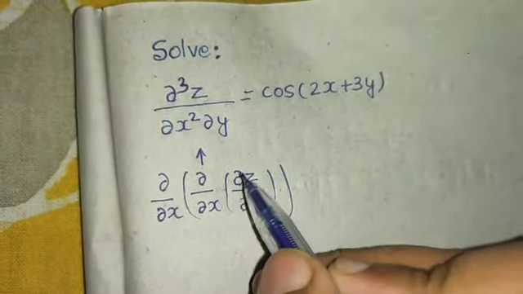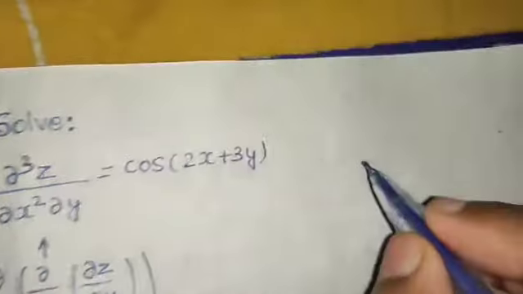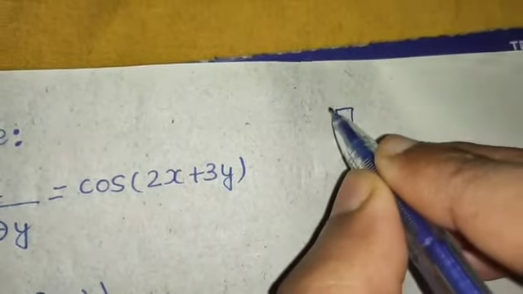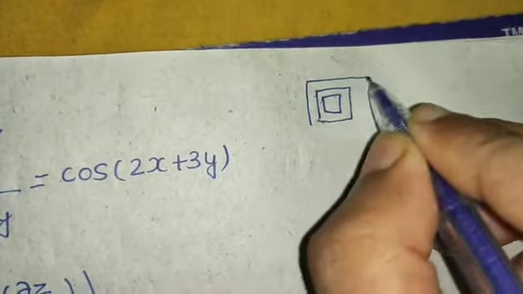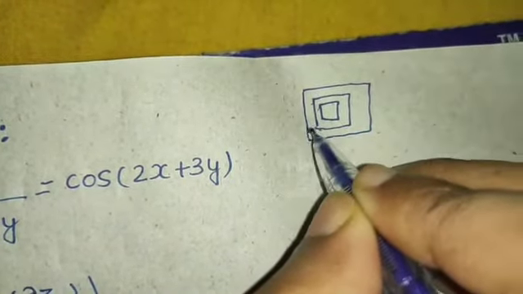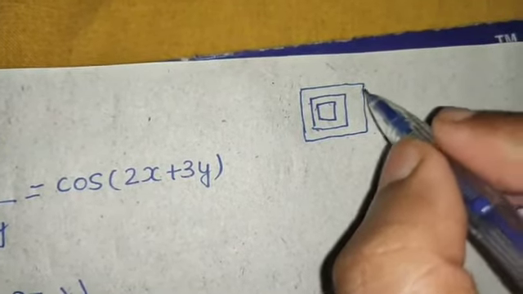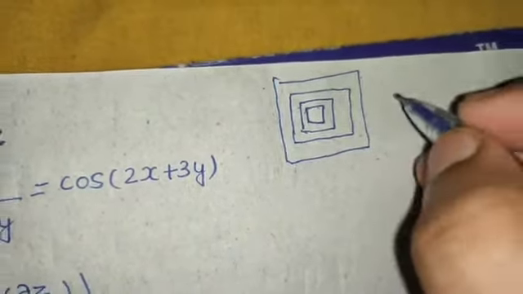It's just like your gift pack which you make. Suppose this is your gift and you wrap it with different colorful plastics or papers. This wrapping you can think of as partial derivative.